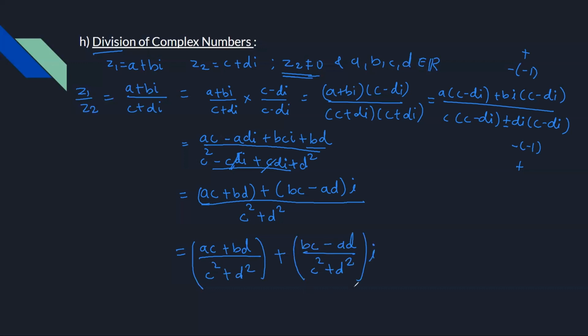So this is the imaginary part of z1 divided by z2. I hope you have understood every step over here. I've tried to solve it step by step to give you a clear understanding.